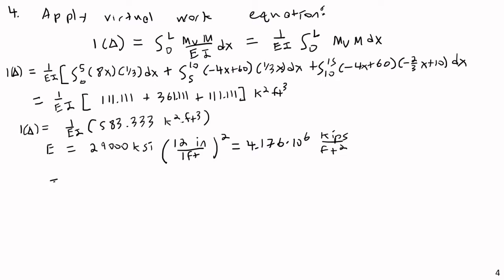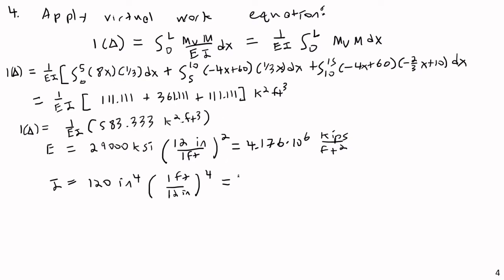Then I is going to be 120 inches to the 4th power. That was what was provided. Then I'm going to multiply by 1 foot over 12 inches, to the 4th power, to convert from inches to the 4th power to feet to the 4th power, so we're going to get a rather small number.